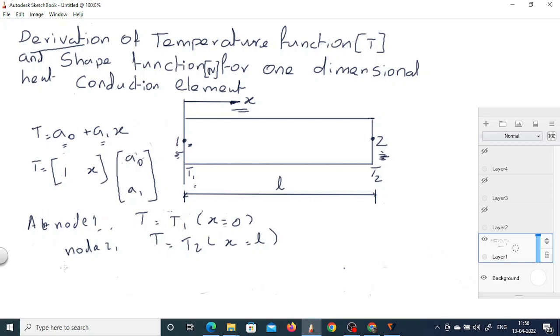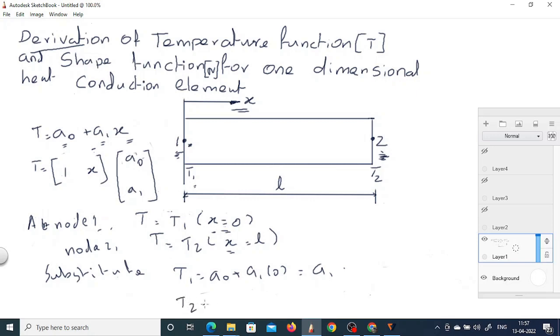After that, substitute these identified x values and T values in the corresponding equation. To identify the temperature T1, I substitute x equal to 0: A0 plus A1 into 0. If I apply the first condition, T1 is equal to A0.